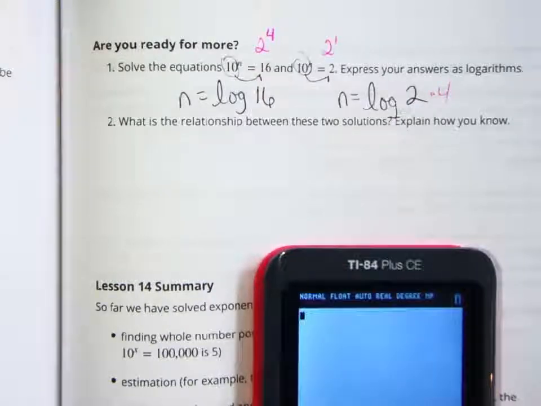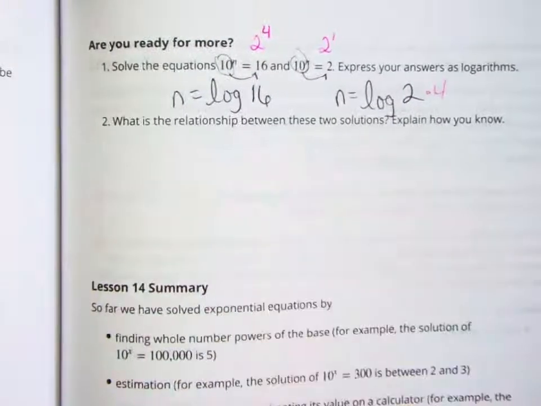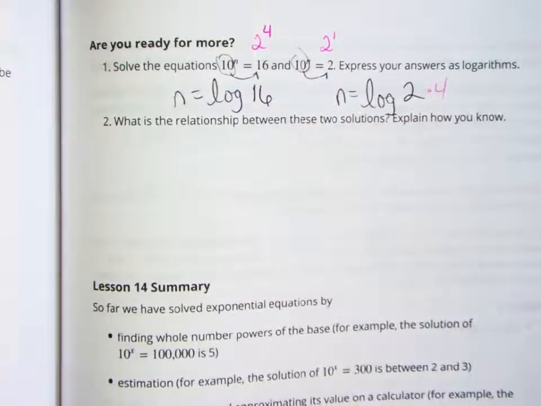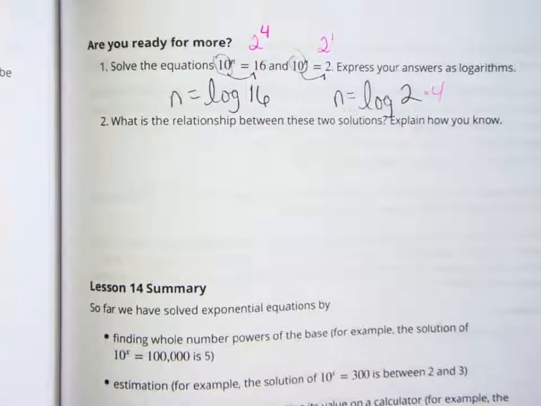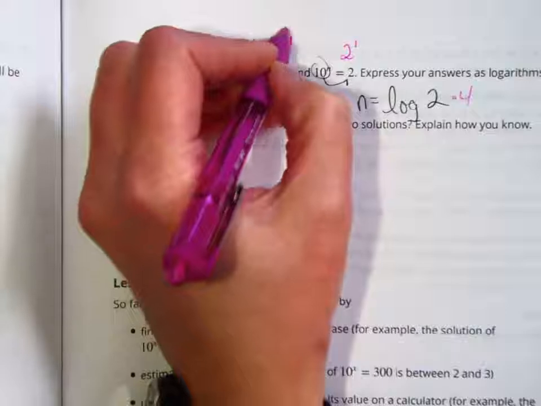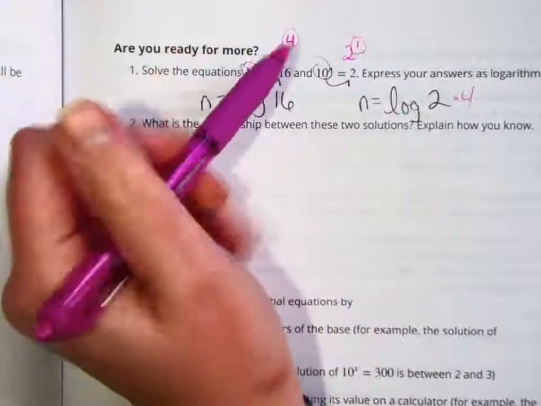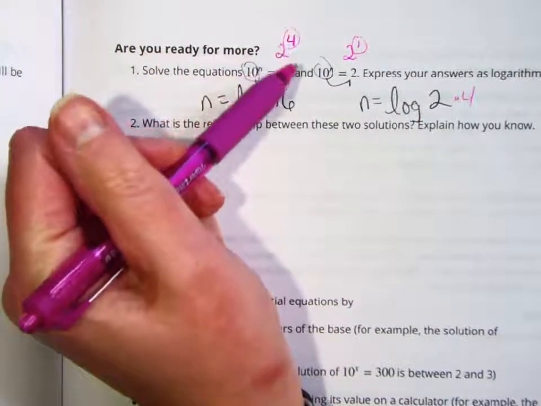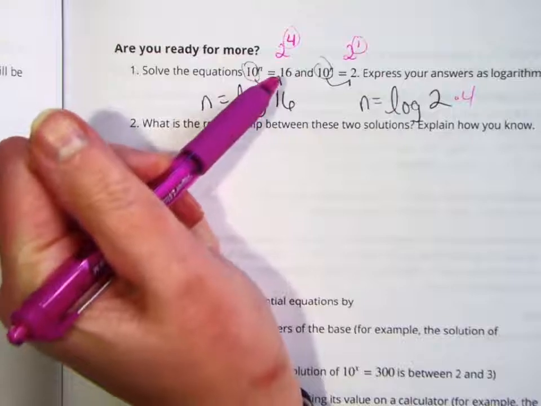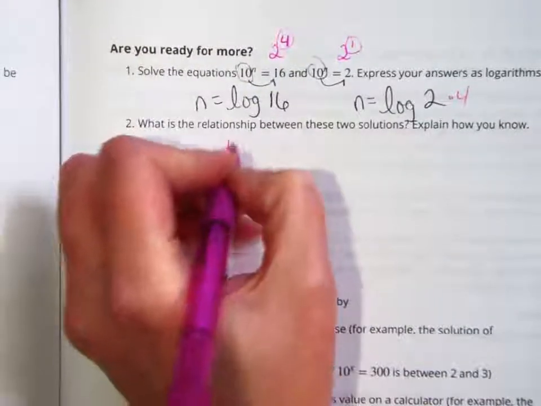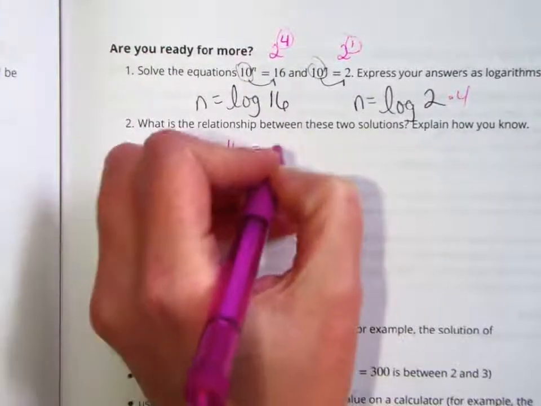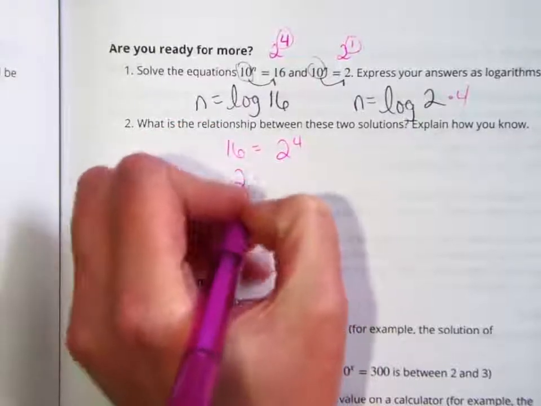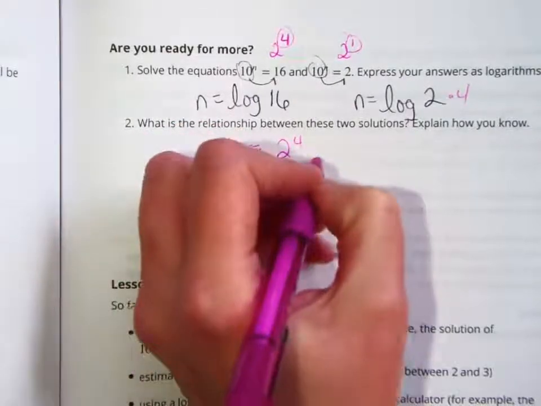It's kind of a stretch, but it's kind of neat to see those kinds of relationships going on and how we can start to see those values. So it all comes from this being 4 times as much in that exponent, the values that we're looking at, that 16 equals 2 to the 4th power, that 2 equals 2 to the 1st power.